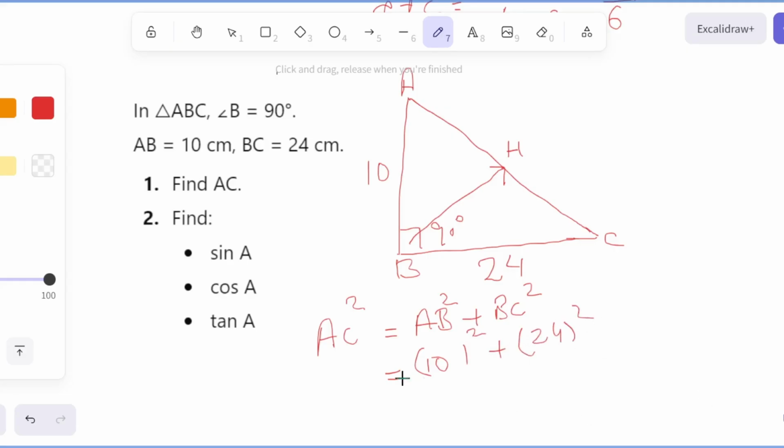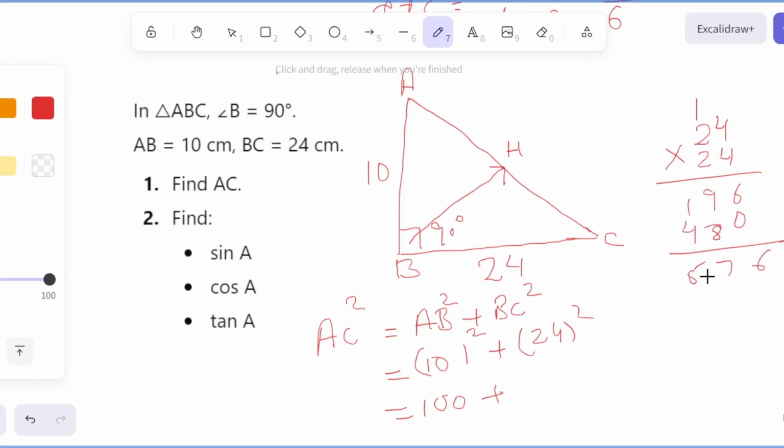This will come out to be 100 plus, what is 24 square? Maybe 576. Let me check. Yeah, 576.